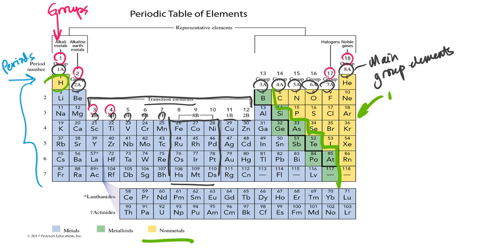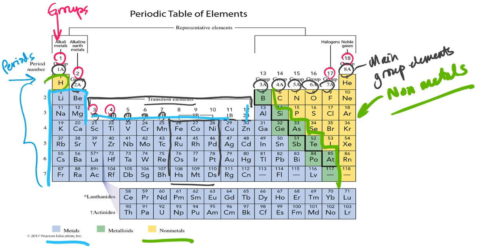Okay, so any elements that are nonmetals are mostly found on the right side of the periodic table, with the exception of hydrogen, which is all the way over on the left in the topmost left corner. Okay, now the metals pretty much make up almost the whole rest of the periodic table.